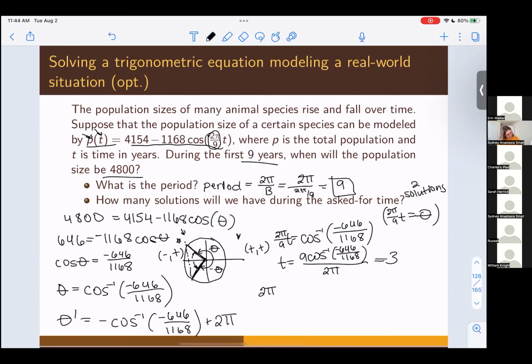Similarly, substituting this back in for theta prime, I get negative cosine inverse of negative 646 over 1168 plus 2 pi.